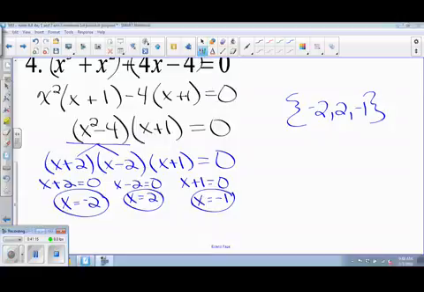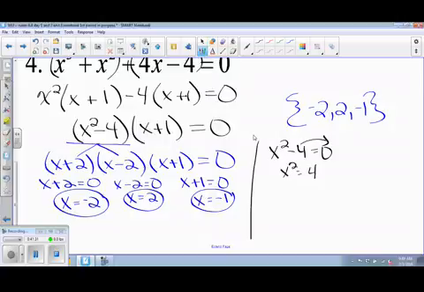Now I will do it the other way, as if we set these factors equal to 0 right here. X squared minus 4 equals 0. So we move the 4 to the other side, so x squared equals 4. Then we take the square root, so x equals plus or minus 2.